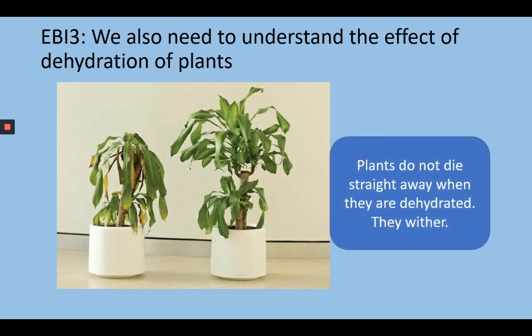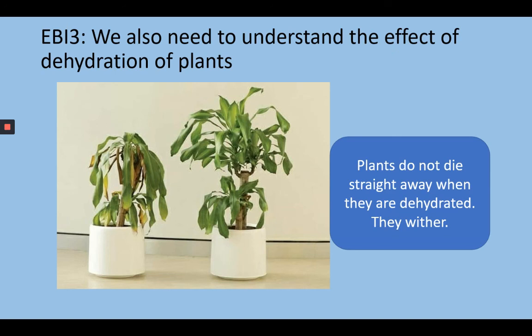This is a point I would like you to remember. Plants do not die straight away, because if the plant died straight away, there wouldn't be any cactuses. There wouldn't be any desert plants out there. There are desert plants with big leaves as well, but they have a very good mechanism of dealing with the lack of rainfall over the dry season. So they do not die straight away. They wither first.